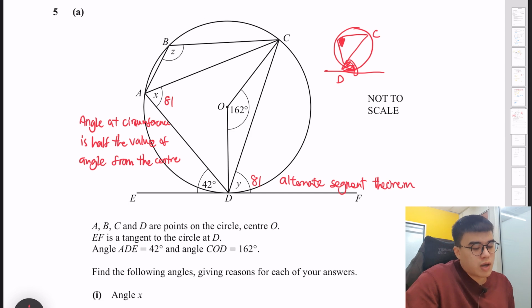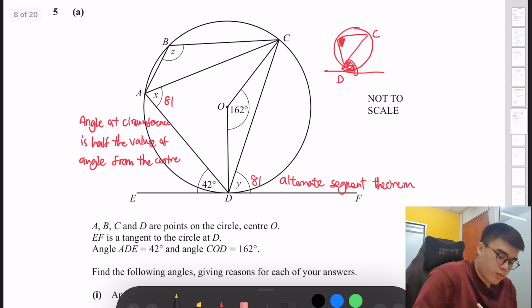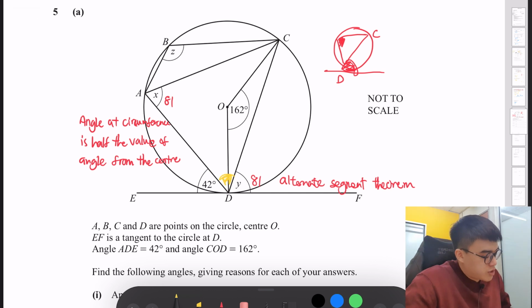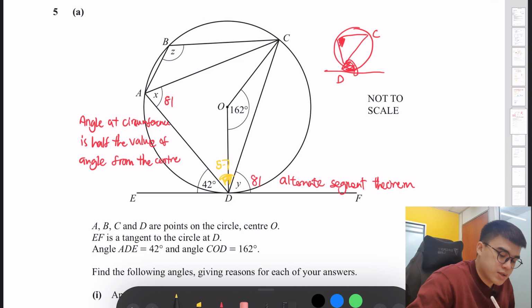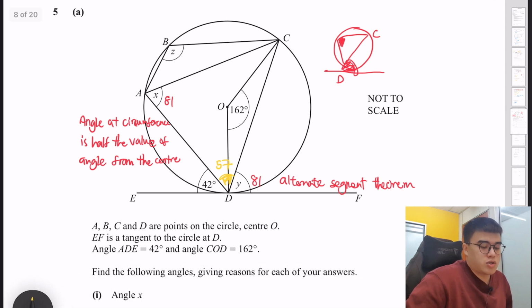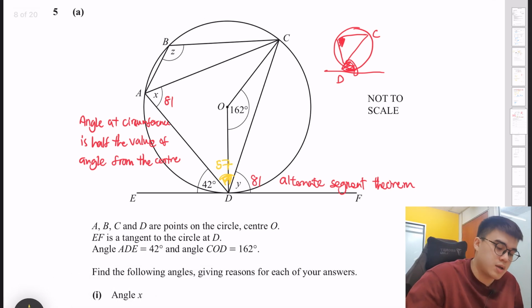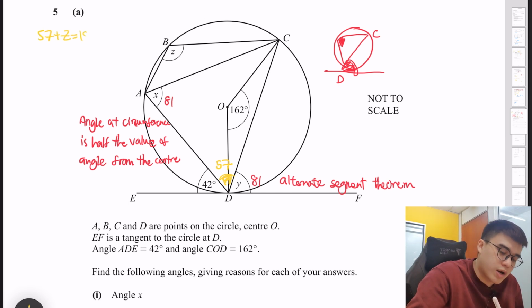Then for the last one, with this information, we now know this particular part, the value will actually be 180 minus 81 minus 42, which is 57. So with this 57 plus z equals 180.